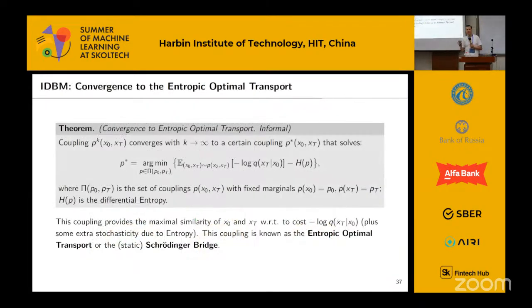Very informally, this diffusion converges to a particular diffusion process called the Schrödinger bridge, or in other terminology, entropic optimal transport, whose coupling is a solution to a specific optimization problem. So this coupling, which is recovered after convergence, is the coupling between the two probability distributions P0 and P1. It's a translation from one domain to the other which minimizes some particular criterion.